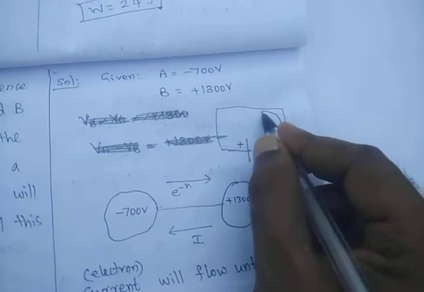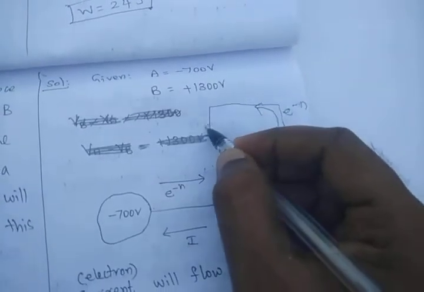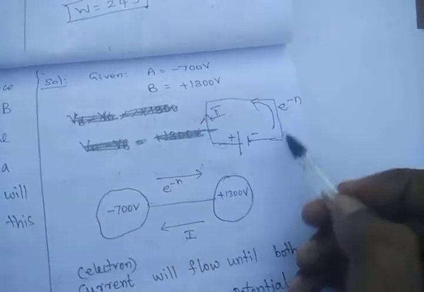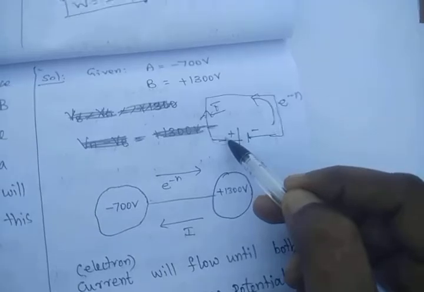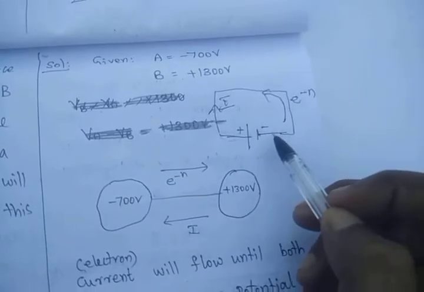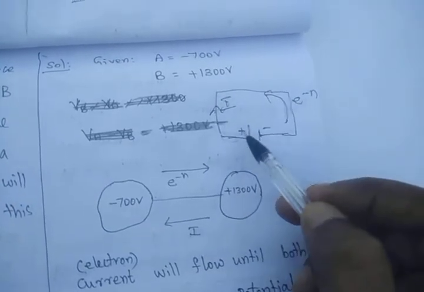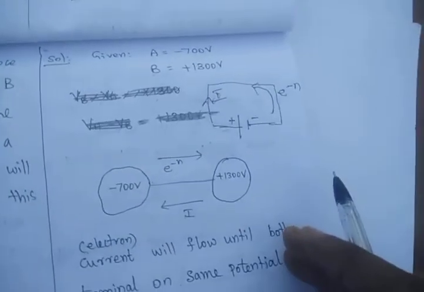The electron flow is in this direction, but the current flow is in this direction. So the current will flow from high potential to low potential, and the electron will flow from low potential to high potential. Students, be very clear: the electron flows from negative potential to positive potential, low to high. The current will flow from high potential to low potential.